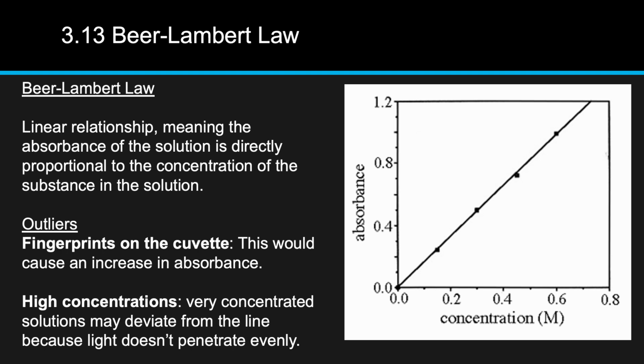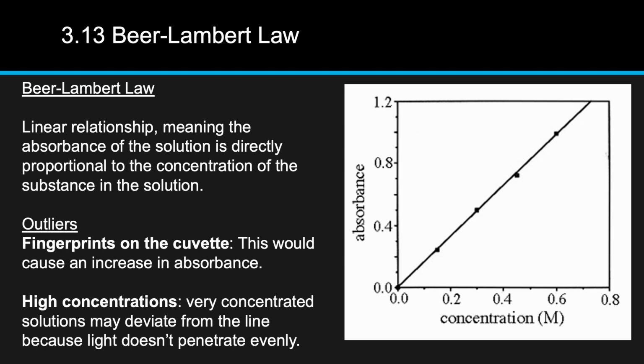So let's talk about why sometimes we see outliers in Beer-Lambert data. One common cause, which is very tested on in AP chemistry, is fingerprints on the cuvette. Even a small smudge on the cuvette can block or scatter light, making the spectrophotometer think the solution absorbed more light than it did.